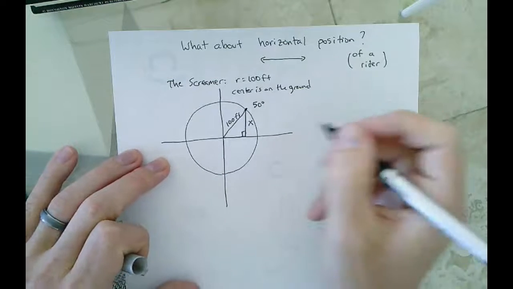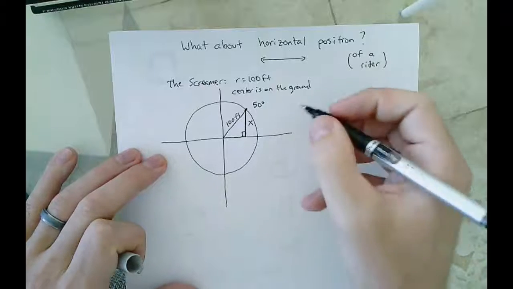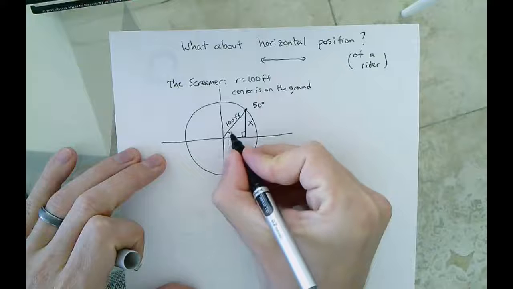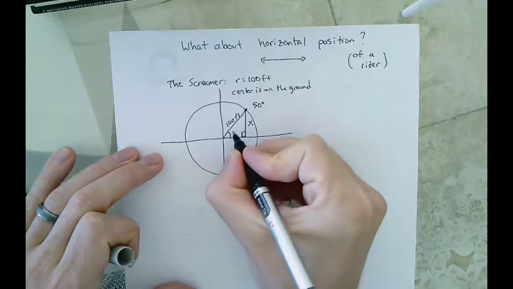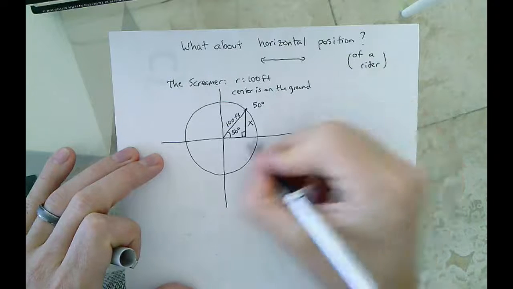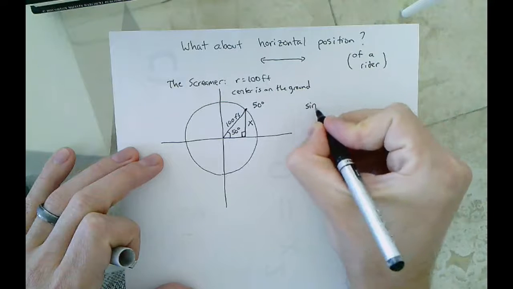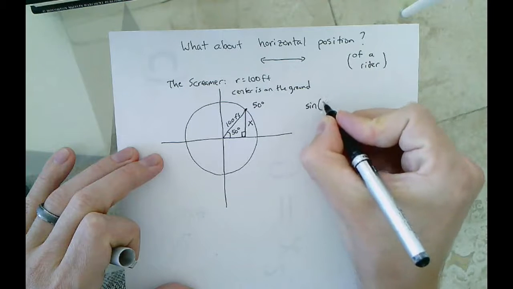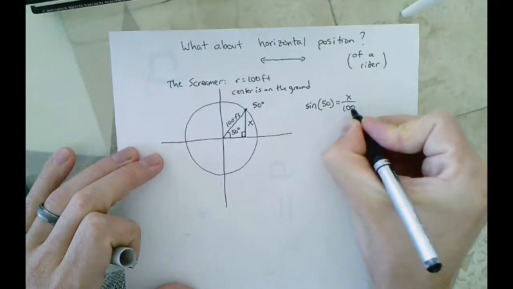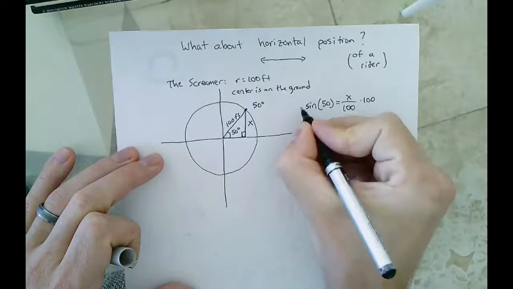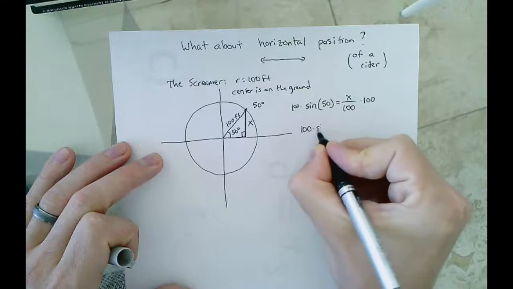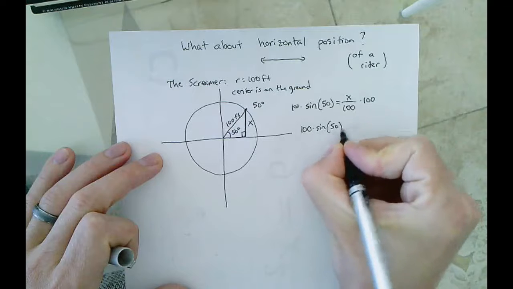And you guys have done this tons of times. You know that this angle, well, if this is 50 degrees, then this angle is also going to be 50 degrees. So we know this, and you know that you can solve for the vertical position by writing sine of 50 degrees is equal to x over 100, times 100 on both sides. And we have 100 times sine of 50 is equal to x.